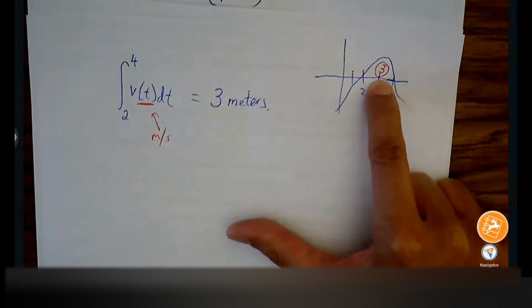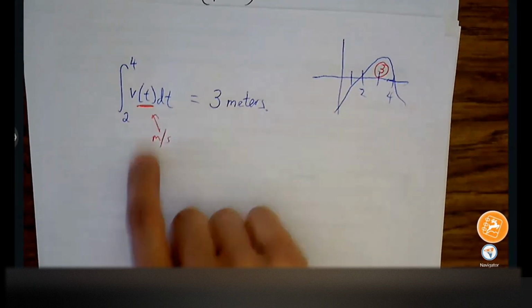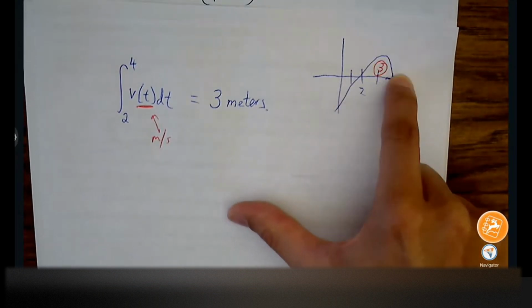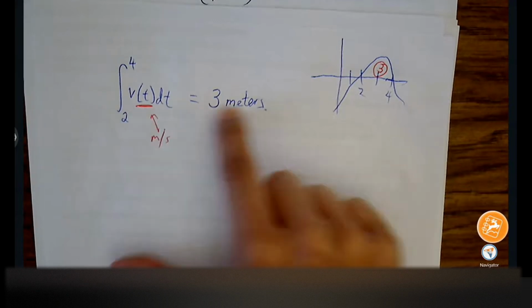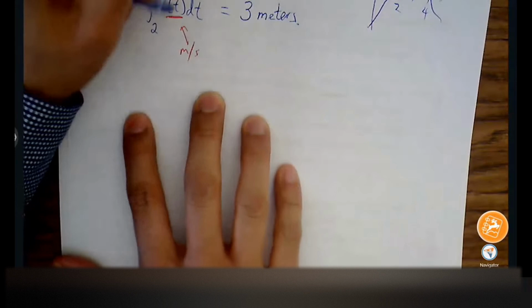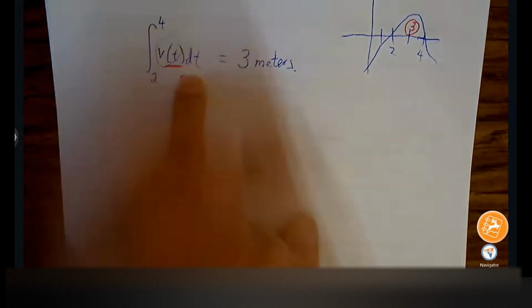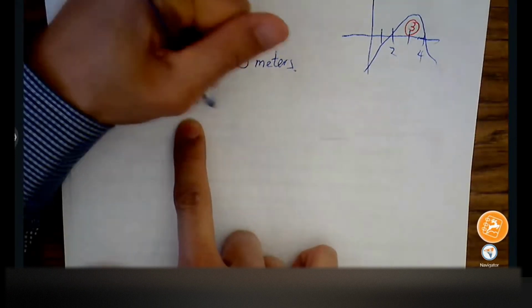Meters. So you see how the integral process changed my units? If I find the area, if I involve velocity times time, it's going to give me back meters. Okay. So maybe this is helpful too. Velocity is meters per second, but we're taking that rate and multiplying it by time.